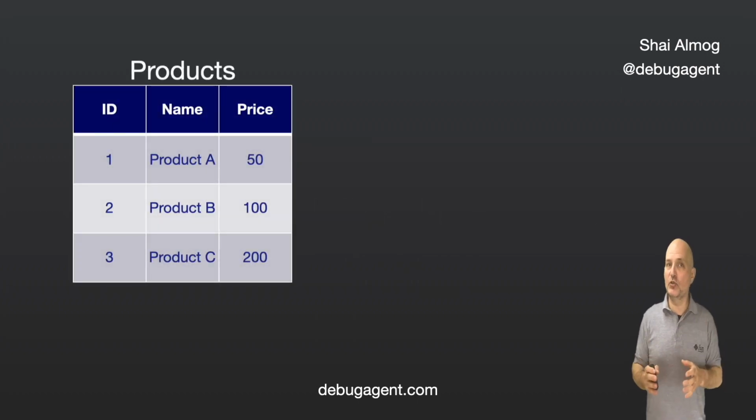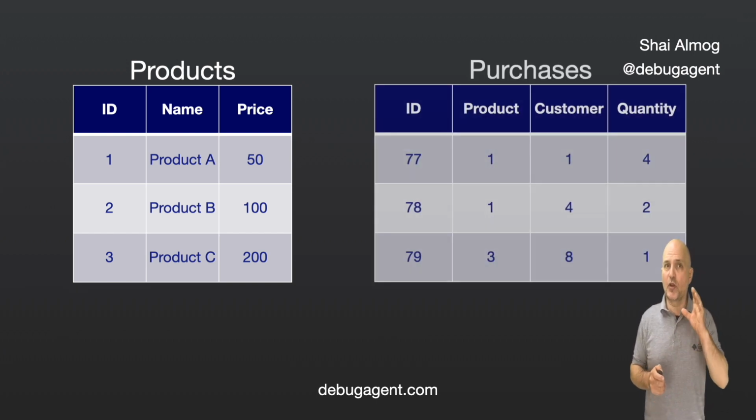In a relational database, data is stored in tables containing cells and rows. Typically, a row would have a primary key that represents it. In the case of the products table here, it is the ID column. Notice that it is numeric here, which is common but not a requirement.